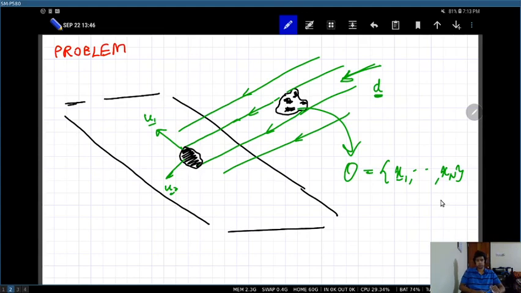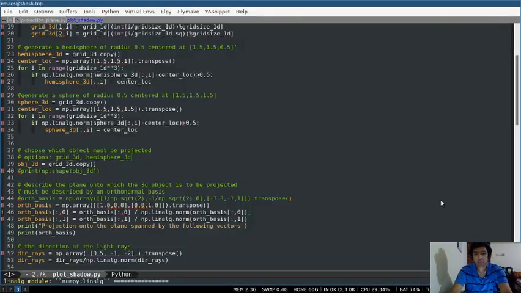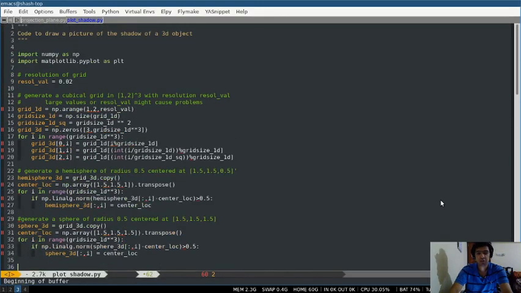That is the problem. And just to give you a quick idea of how it should be done, I will share parts of this code with you. Basically, how do you generate the three-dimensional object? Okay, so this is basically the code that I have written, and so let's take, for example, a cube.